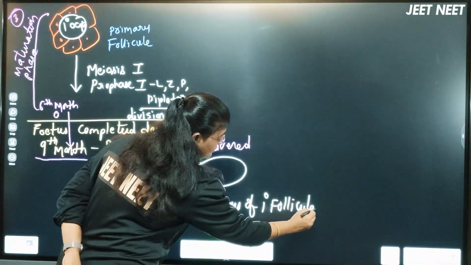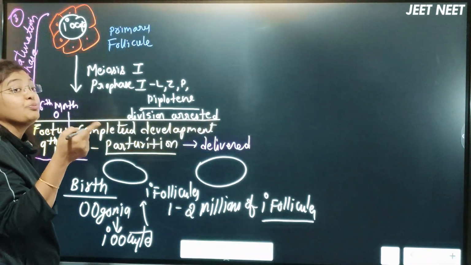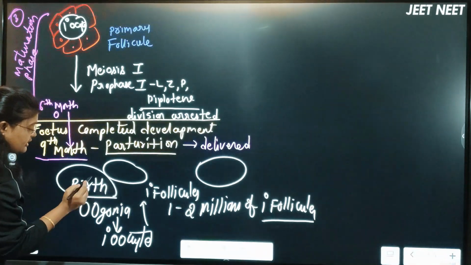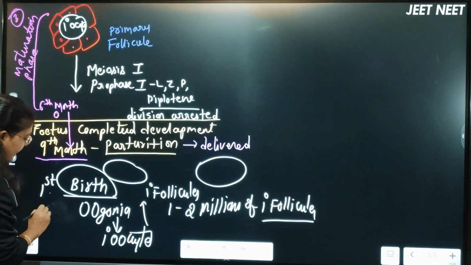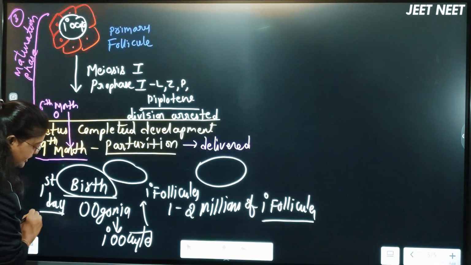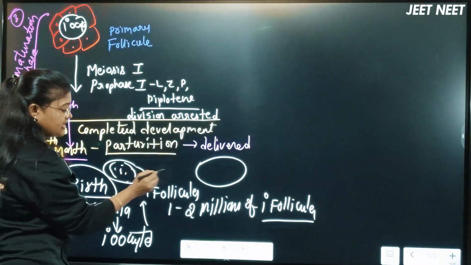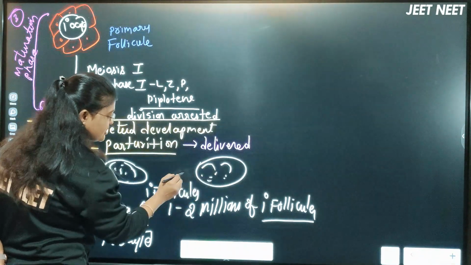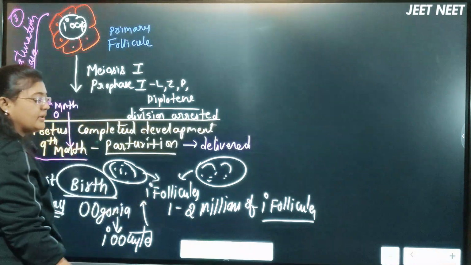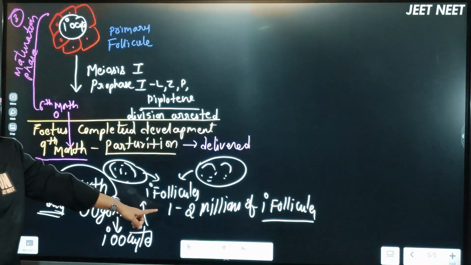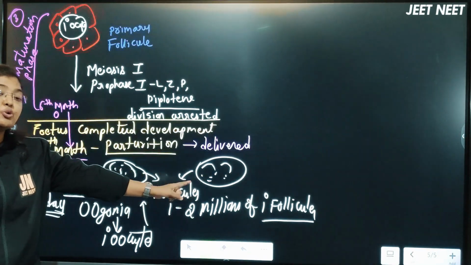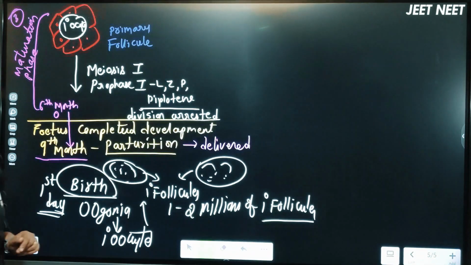When she is born, I'm not talking about when she reaches puberty, on the first day of birth, in both her ovaries, which structures are present? Primary follicles. How many? 1 to 2 million primary follicles will be present.